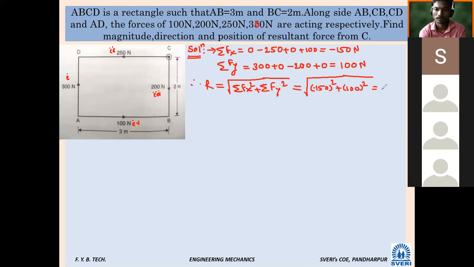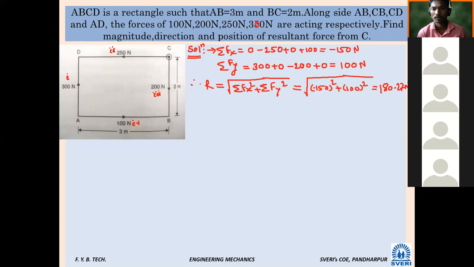Hmm, 150.33? Something is wrong. 180.27. Correct. 180.27 Newton.